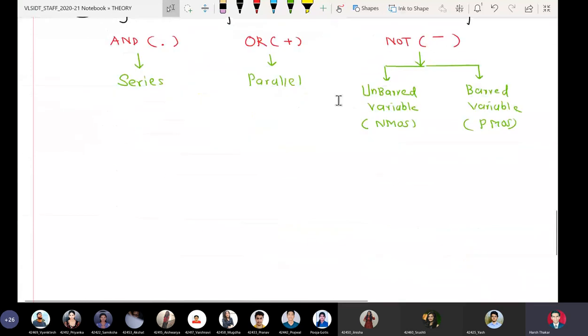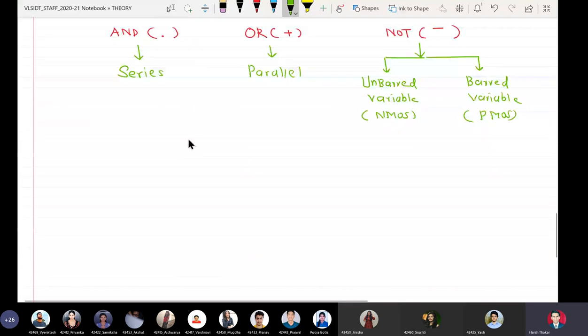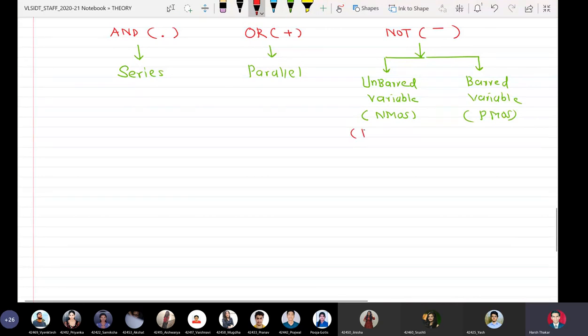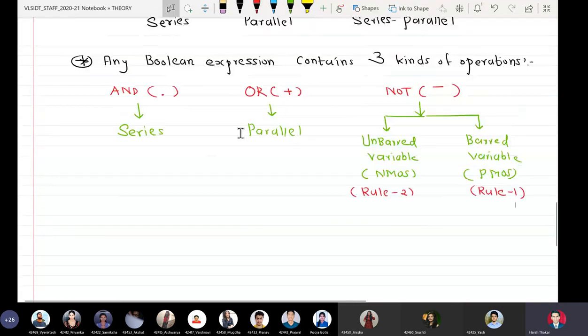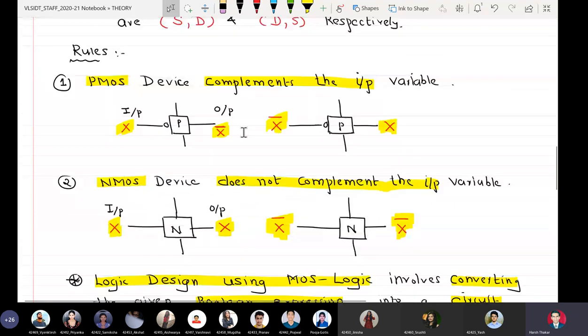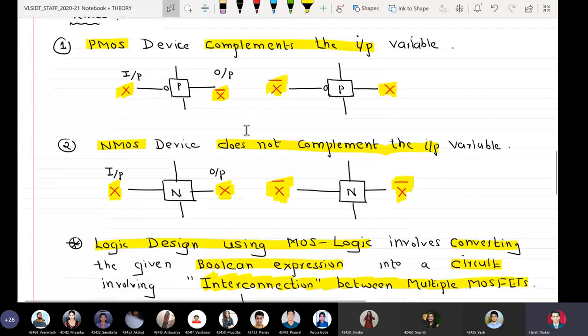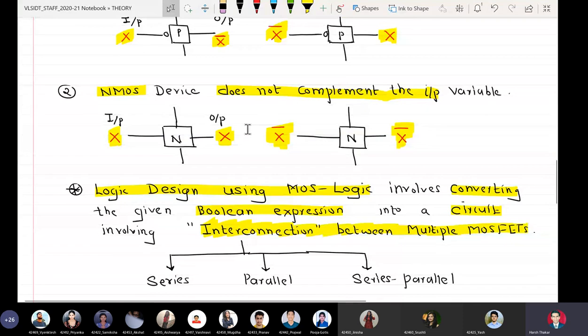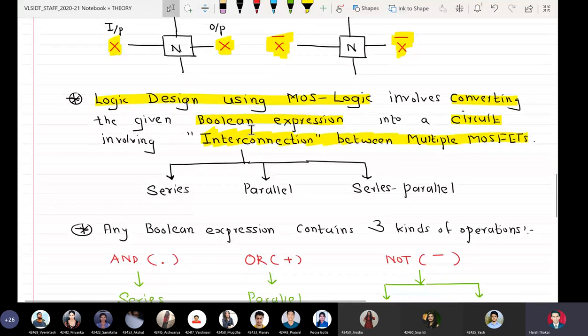So unbarred variable will need NMOS, based on rule number 2, and barred variable, it is according to rule number 1. So now we have made 3 rules. Which device will give a complemented output, which device will give an uncomplemented output, and on what basis we have to interconnect the MOSFETs.